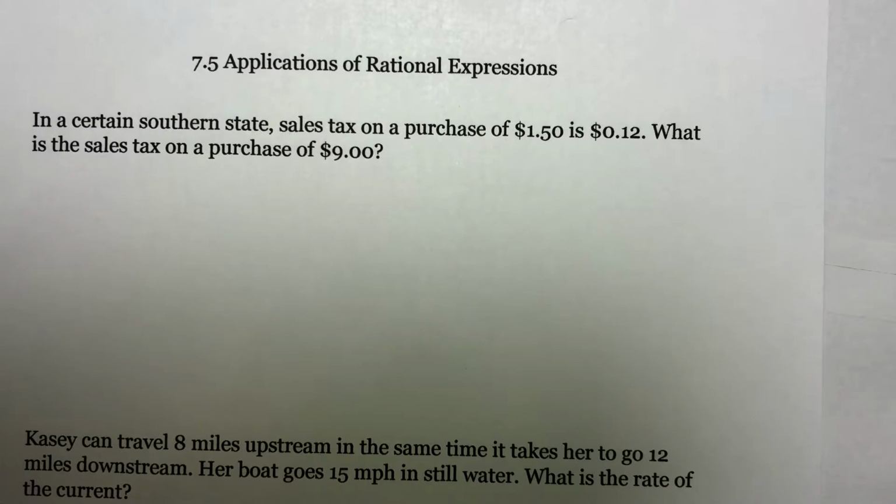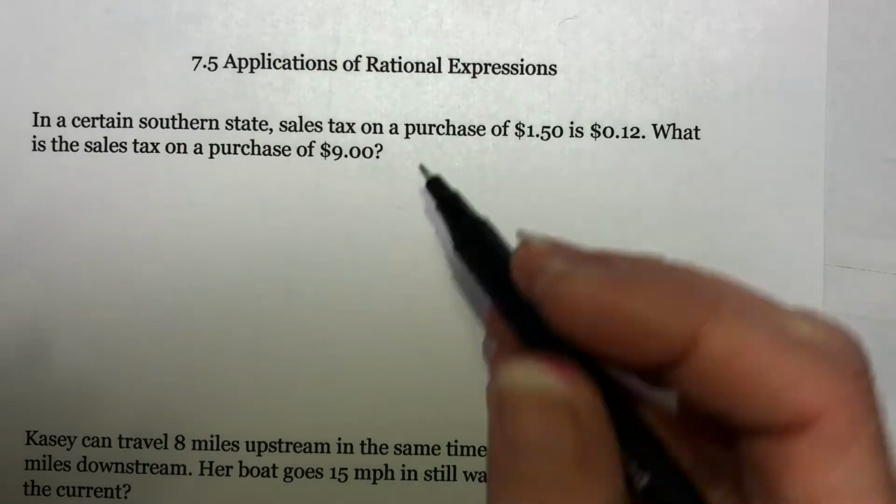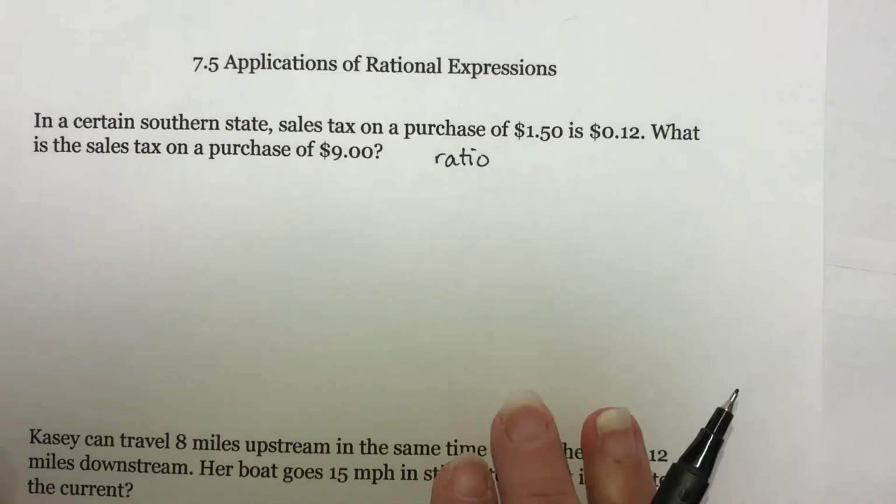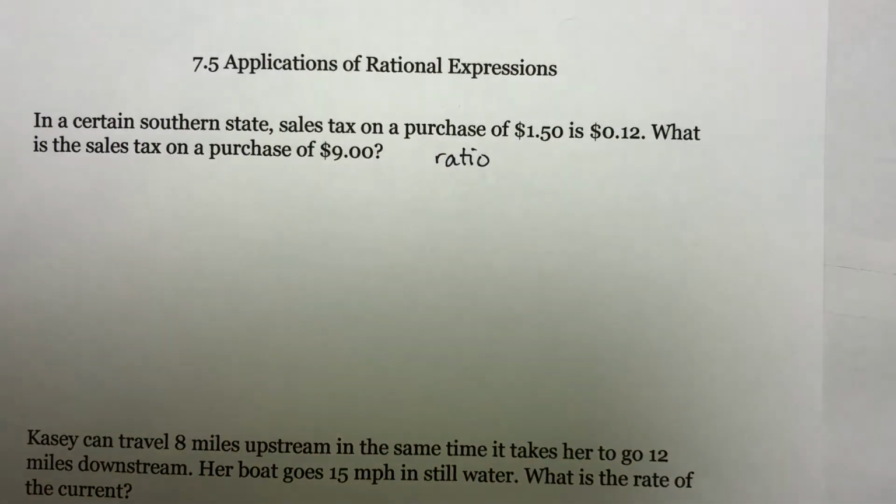Okay, but first problem. In a certain southern state, sales tax on a purchase of $1.50 is 12 cents. What is the sales tax on a purchase of $9? Now, we assume that the rate of taxation is the same across the board. So what we can do here is set up a ratio. As long as we are consistent on both sides, we can set it up a bunch of different ways.